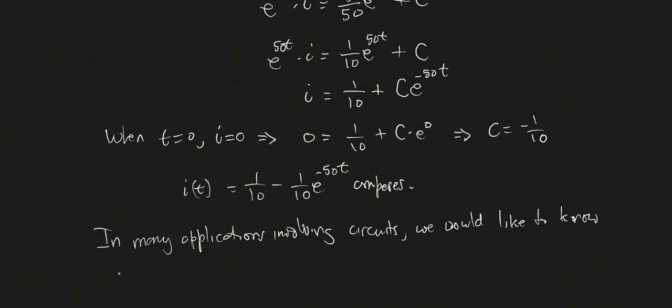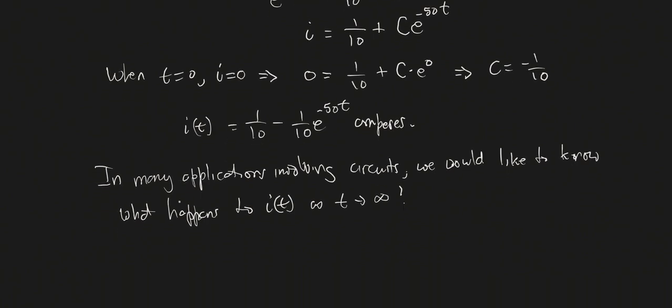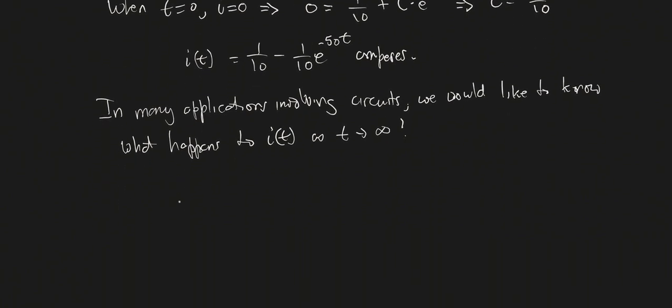So we would like to know what happens to I of t as t goes to positive infinity. This is basically saying, if you left that switch on in your circuit for a long period of time, what would your current end up being? So we'll talk about several responses now.